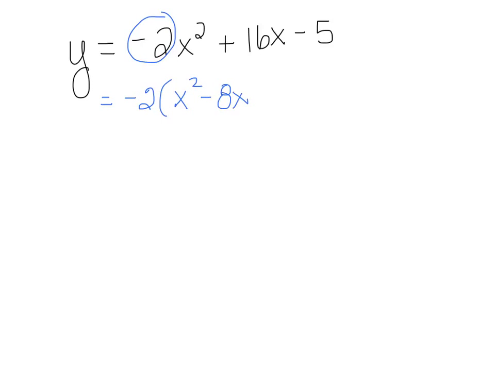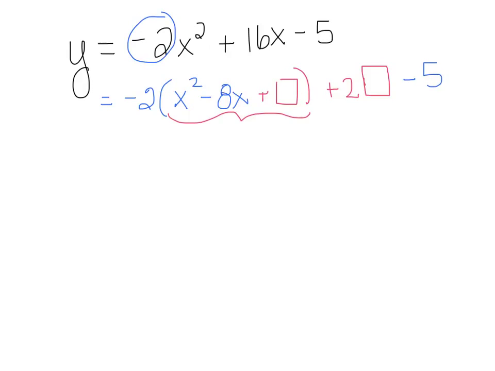And now at this point, I'm going to add plus box inside there, because I want to be able to factor that. But then, this is a minus 2 box, so I have to do a plus 2 box here to cancel out the minus 2 box I've already done. And then I'll still have my minus 5 on the end.